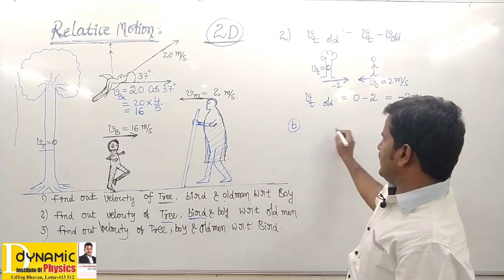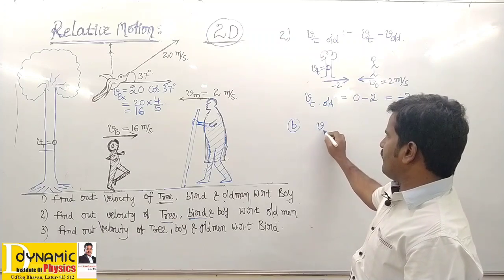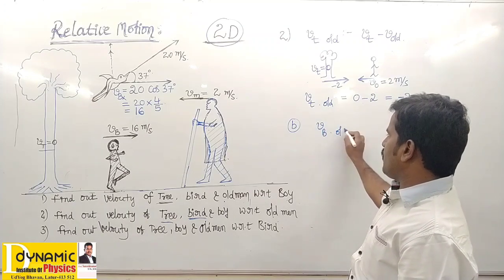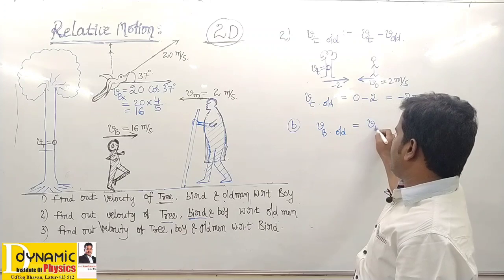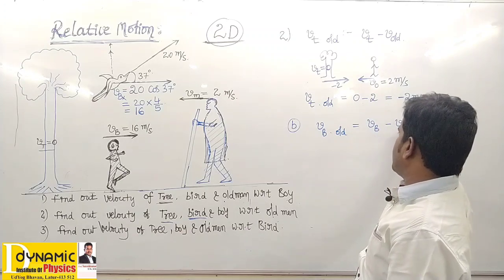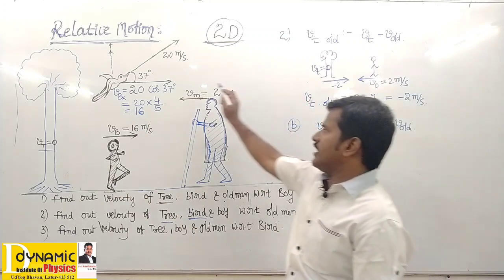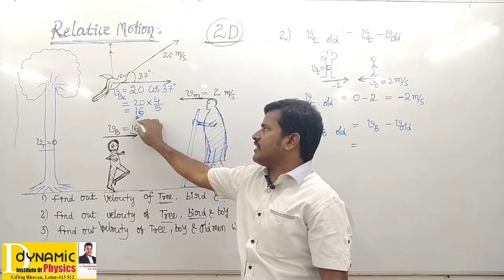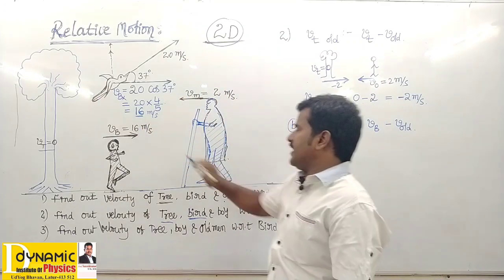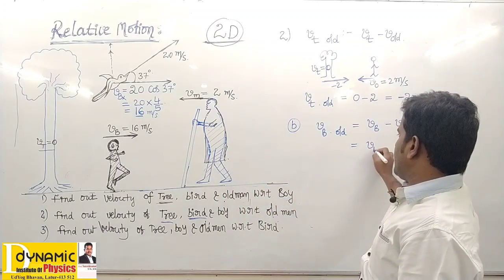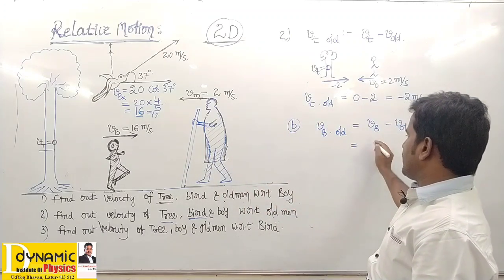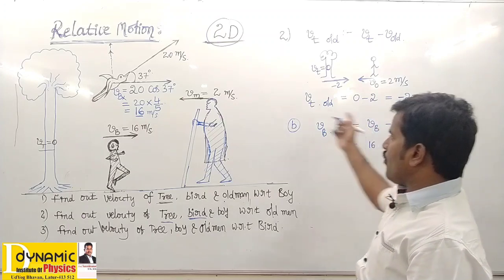Horizontally, the velocity of bird with respect to old man is V bird minus V old man. The bird's velocity in the horizontal direction is 16 meter per second. V bird is 16 meter per second minus old man.